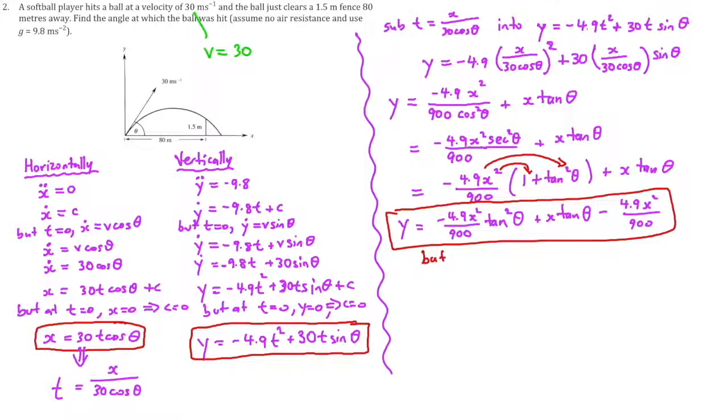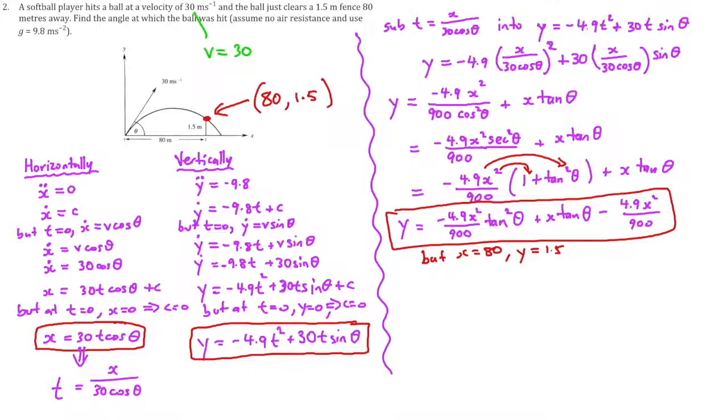But if I come over here, that point there is the point out 80, up 1.5, and I know it's a point on my curve. So I know that when x equals 80, y equals 1.5.